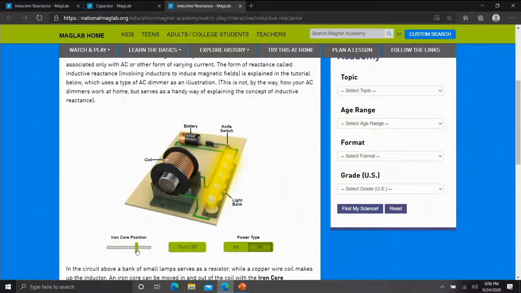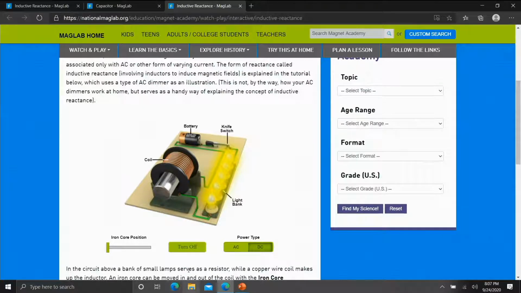If you're thinking about the inductive reactance formula, what we're doing is we're varying the L value, or the henries, of that inductor. But frequency is zero because we're coming from a battery. Since frequency is zero, inductive reactance is zero.